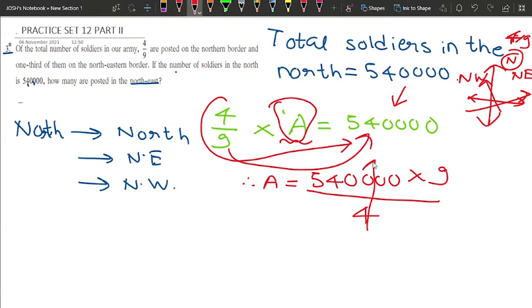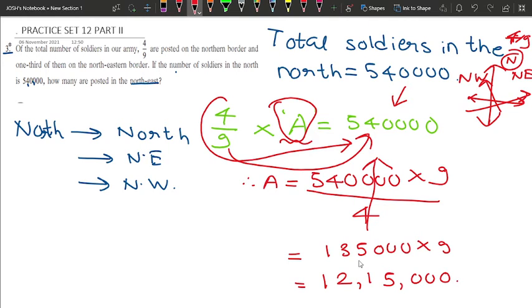On dividing, you get 1,35,000 and then 1,35,000 into 9, which is 12,15,000. So these soldiers are on the northern border.